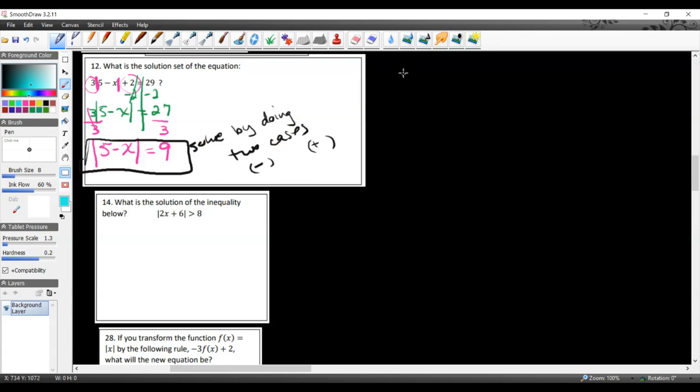Let's do our negative case first. What we're changing for the negative is actually this last number here. So I would have 5 minus x is equal to negative 9. Okay, so I'm going to go ahead and subtract 5 from both sides because this 5 is positive, which leaves me with negative x is equal to negative 9 minus 5.